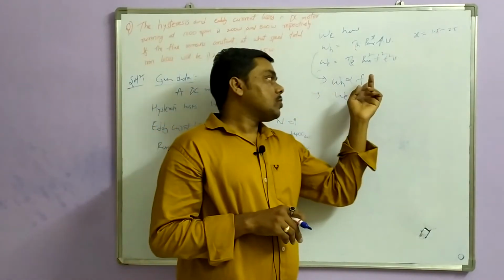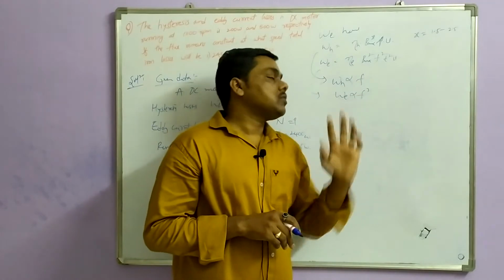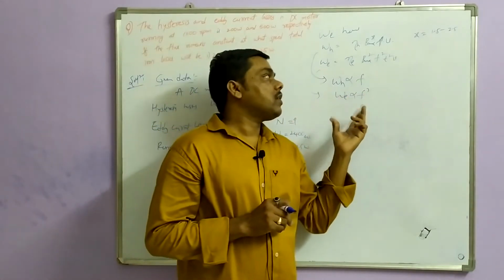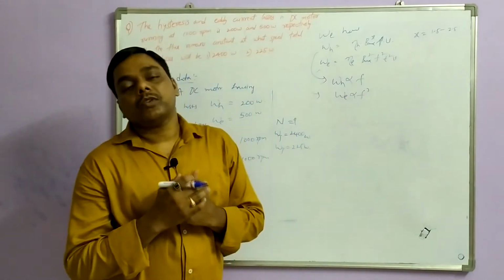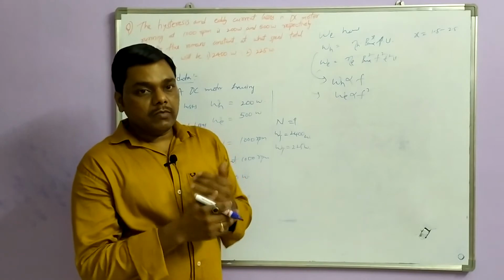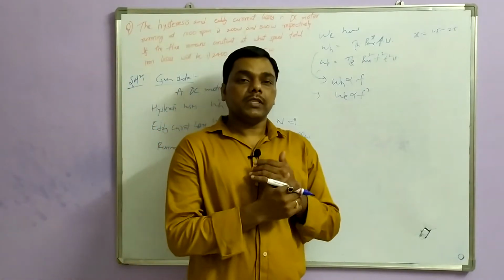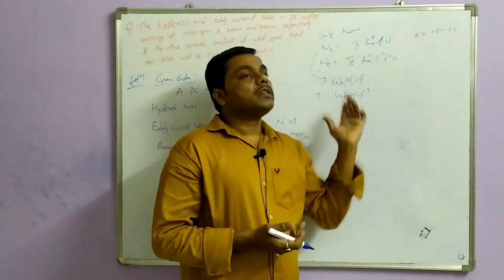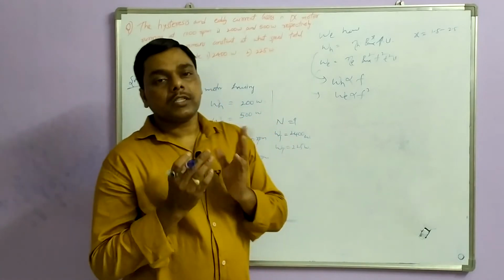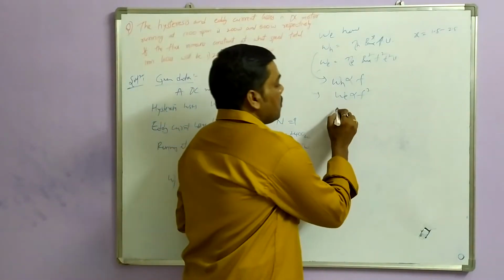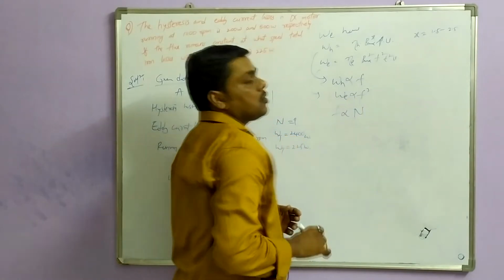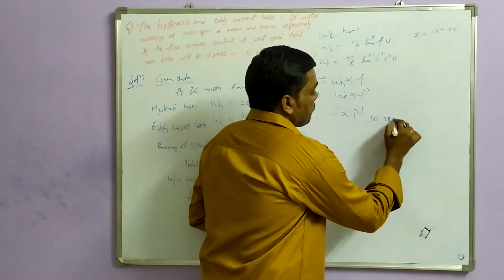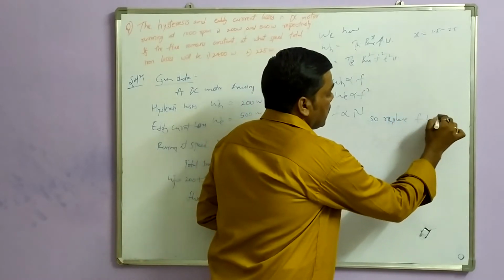Now WH is proportional to frequency and WE is proportional to frequency square, but in a DC motor we do not use the frequency term here, we write it in terms of speed. Speed is directly proportional to frequency, so if speed changes, frequency changes, so we can write the frequency terms in terms of DC motor speed. So frequency is directly proportional to speed, so replace f by N.